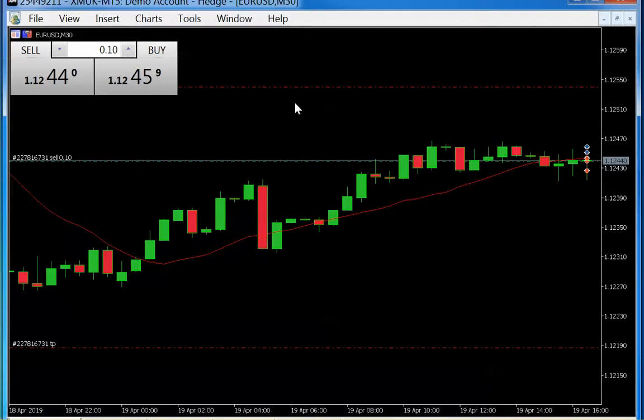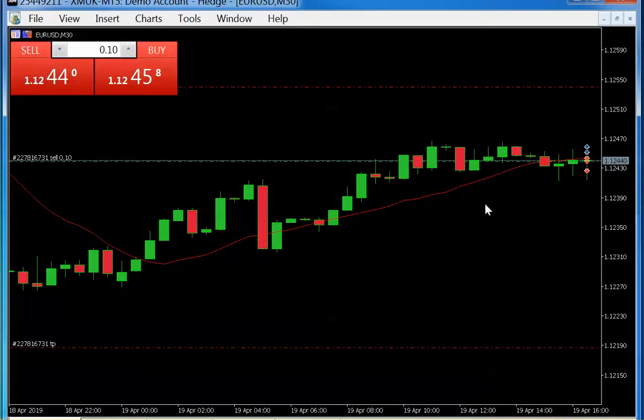The other thing we want to do when we're managing the trade is watch for when the market price closes on the opposite side of what we want the market to do. Take, for example, the moving average here, this red one.